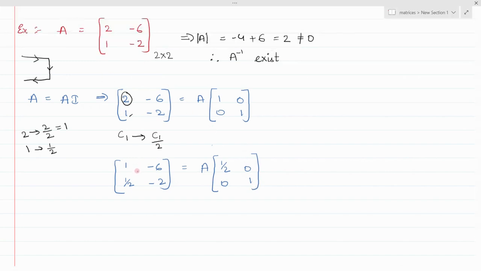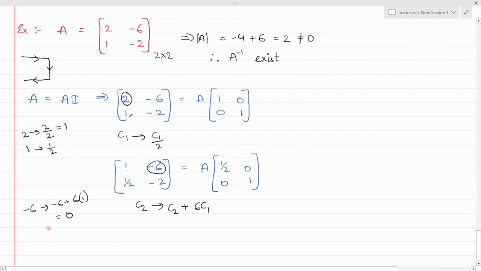Now, the next step is to convert this element to 0. So by using column transformation, we can write C2 changes to C2 plus 6 times C1. When we do it, minus 6 changes to minus 6 plus 6 times its corresponding C1 element, that is 1. It becomes 0.